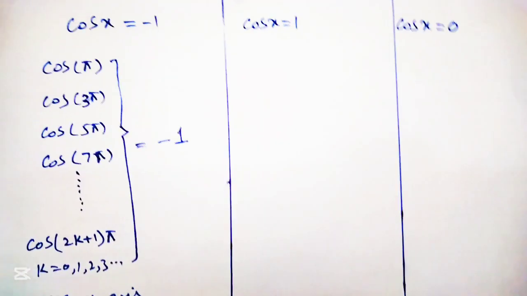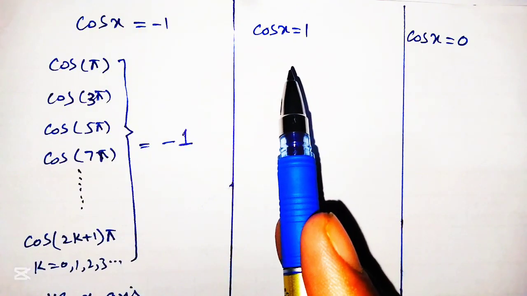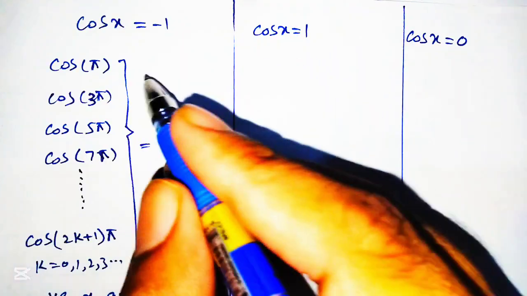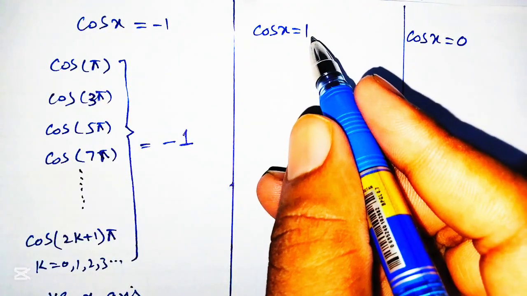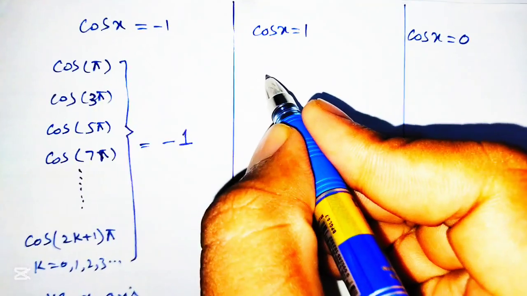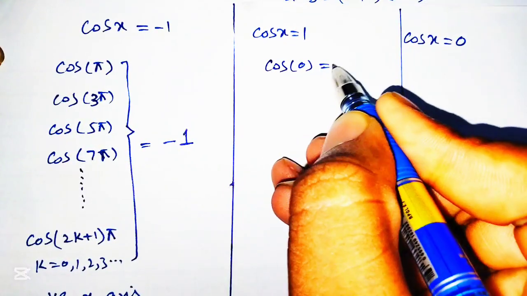Now from this equation, cosine of x is equal to 1. Similarly, we will write the values where cosine is equal to 1, and we know that cosine of 0 is equal to 1.